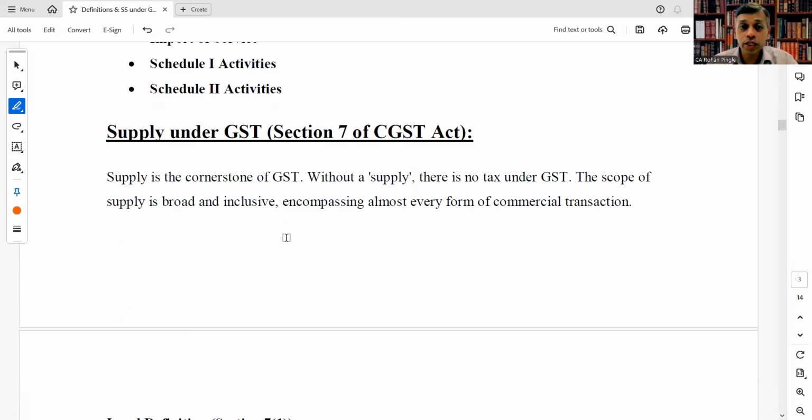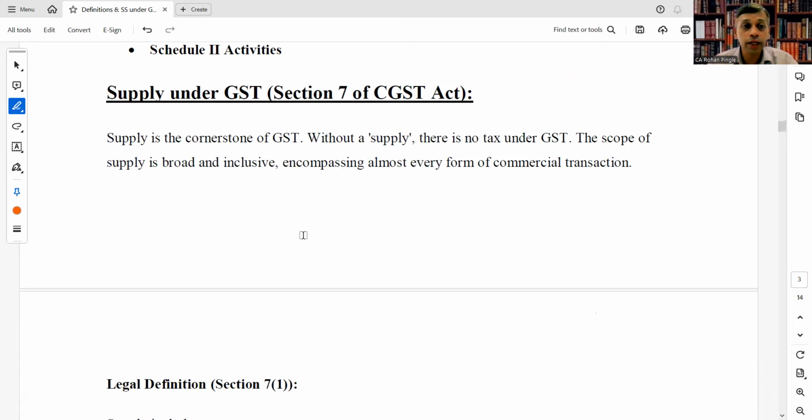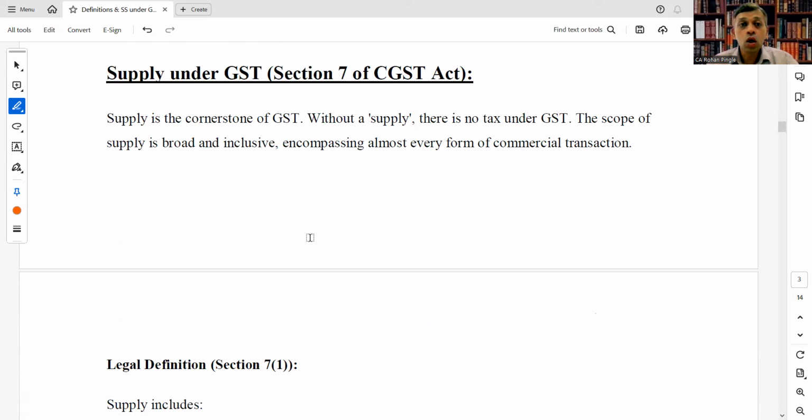Supply under GST, Section 7 of the CGST Act. Supply is the cornerstone of GST. Without a supply, there is no tax under GST. Means if there is no supply, then there is no tax under GST.